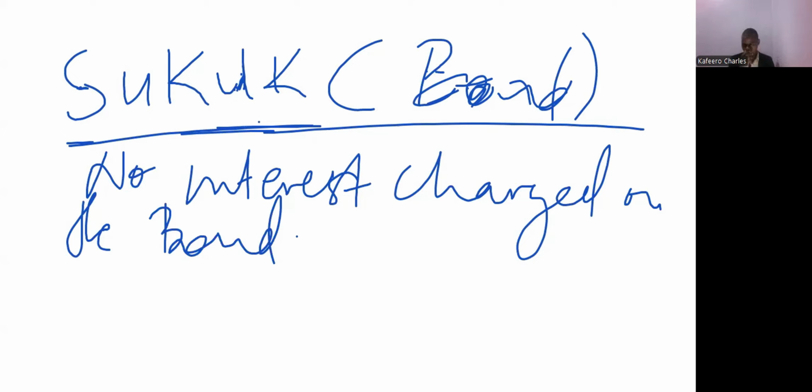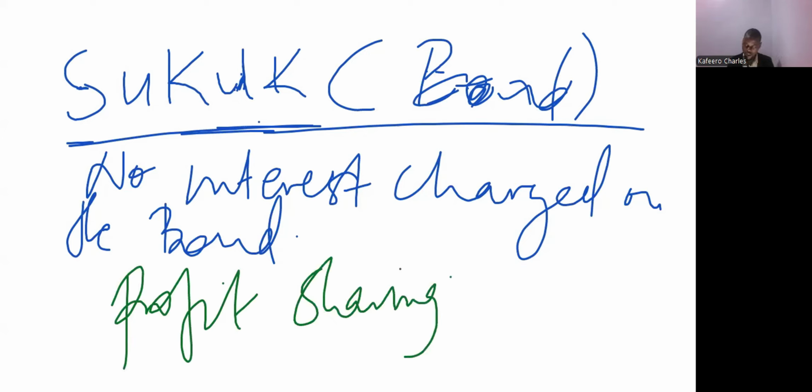Now, what is the aim? Because if you are not going to have any interest, what's the aim? So it aims at profit sharing, by offering the investor, the person who is investing the money, ownership in the business. The profit sharing is in the sense that I can give you the asset, only that you are going to allow me to be part of your business.